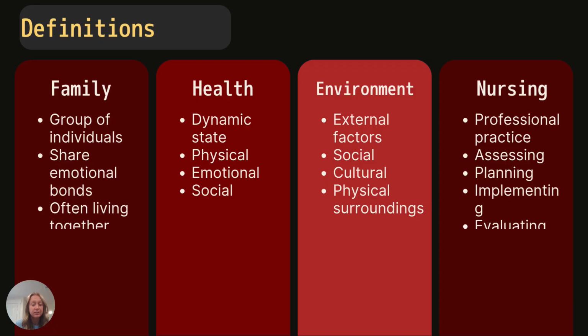So we can't exclude one or two behaviors, it's a collective dynamic from all of them. Environment is the external factors, including social, cultural, and physical surroundings, that affect family health. And then lastly, we have her definition of nursing as the professional practice of assessing, planning, implementing, and evaluating care to promote health and well being with a focus on the family unit, specifically for this model.